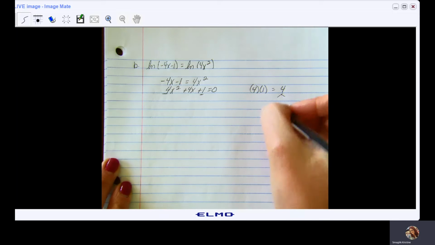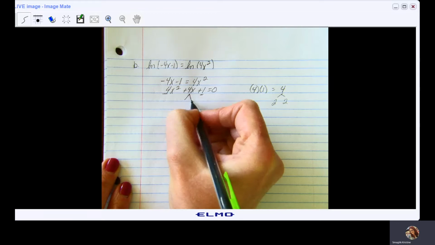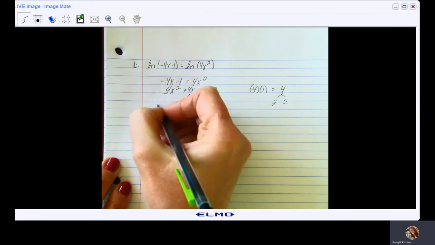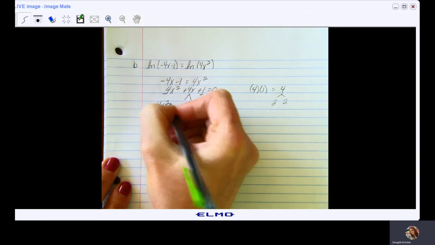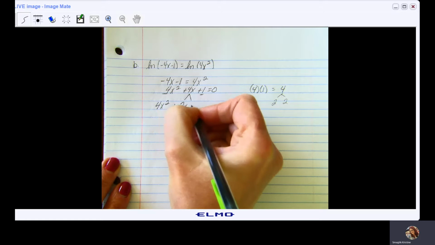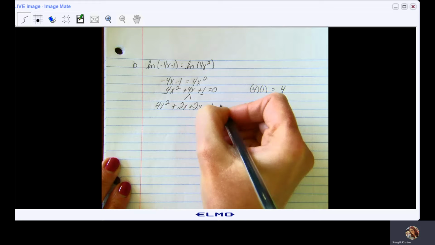Well, that's going to be 2 and 2. 2 times 2 is 4. 2 plus 2 is 4. So I'm going to rewrite that 4x using these factors.